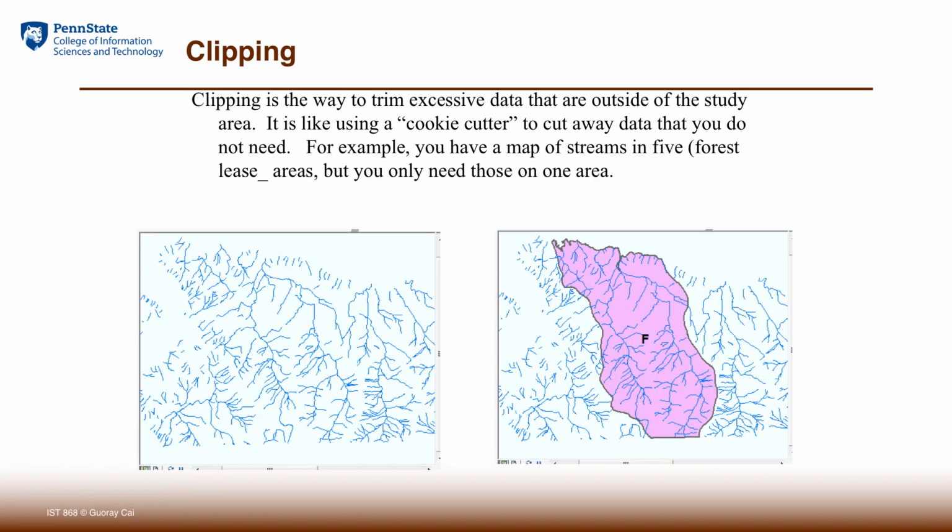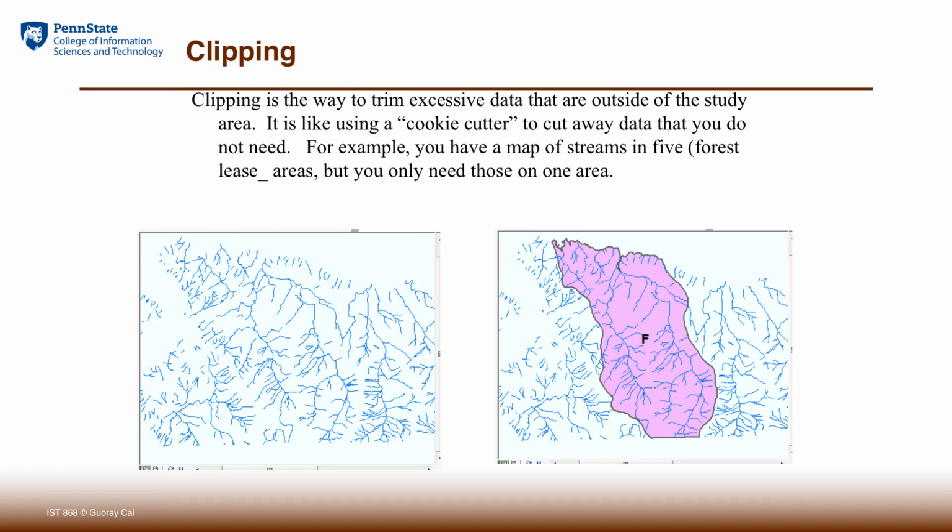Only one of the five areas is actually ready for bidding, but the data set shows all the forest stands of the five areas. In this case, we may want to extract only the study area, area F, so that the data becomes clean.